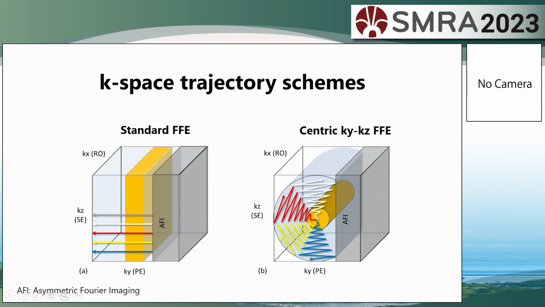Asymmetric Fourier imaging is used in the phase encoding direction. The contrast determined time of the standard and the proposed method is indicated in yellow, respectively.